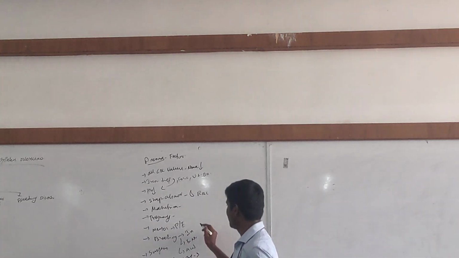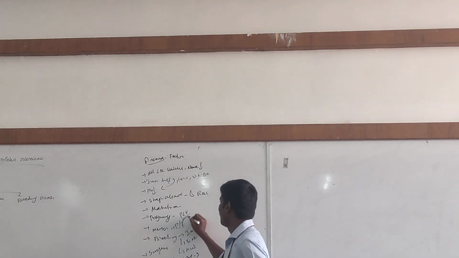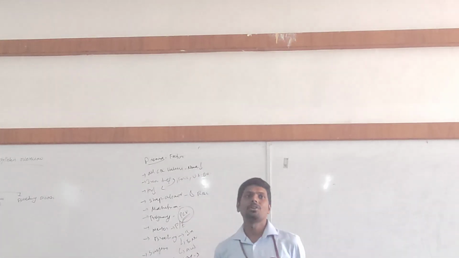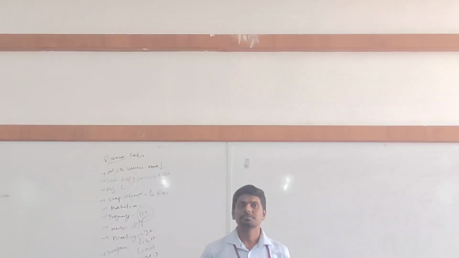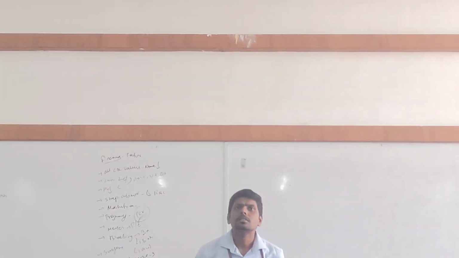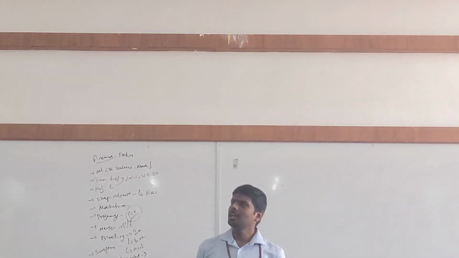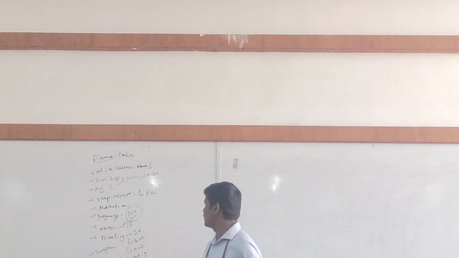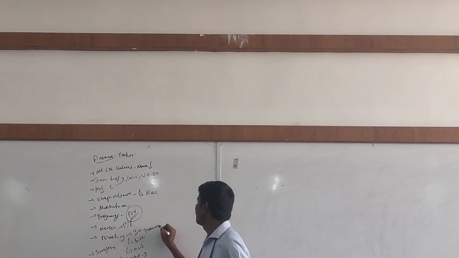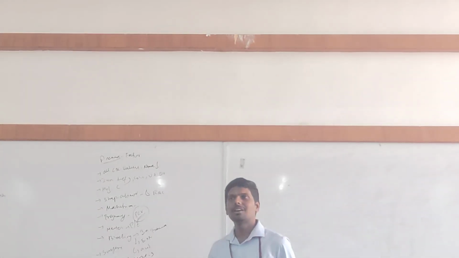PCV, we discussed here. PCV review, volume variations. Very good. Next, any other reasons for anemia? Trauma. Trauma is again a fancy term for bleeding. Yeah, if you say trauma here, it is also a fancy term for bleeding. Next.